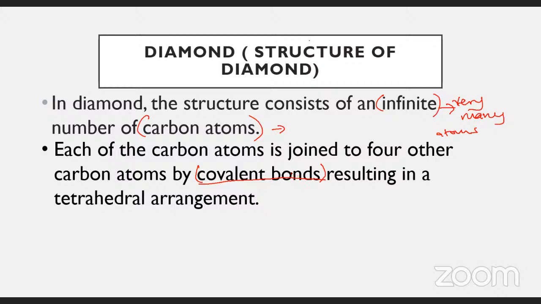What is a covalent bond? Because here we are saying that the carbon atoms are joined by covalent bonds. So we are trying to know what a covalent bond is. I'm waiting for the answer.